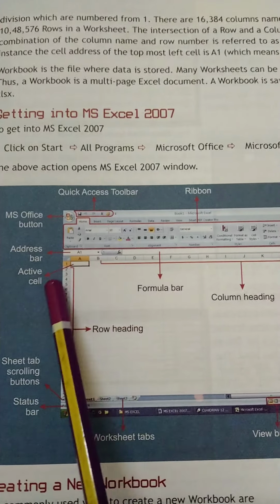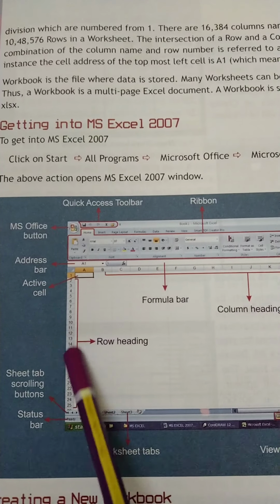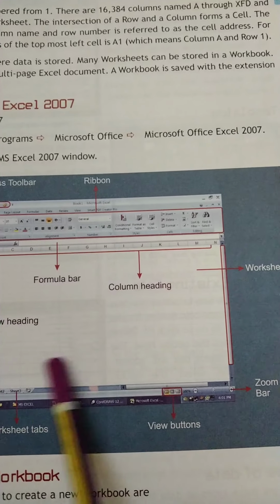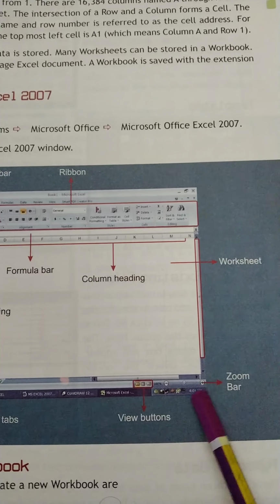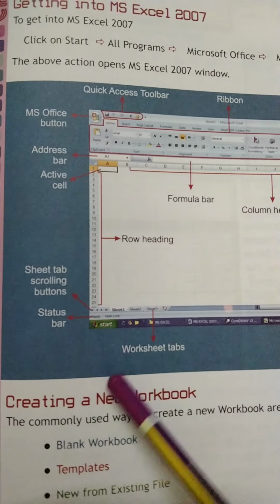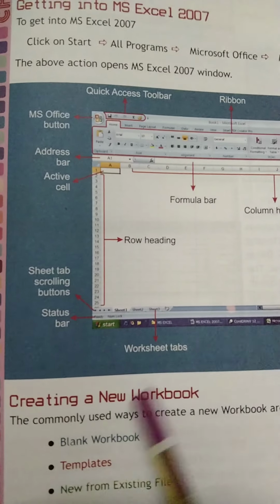Then this is the column heading, and these are the row headings. The last one is the status bar and sheet tab rolling buttons. These buttons are called sheet tab rolling buttons, this area is called the worksheet, and this one is the zoom bar.